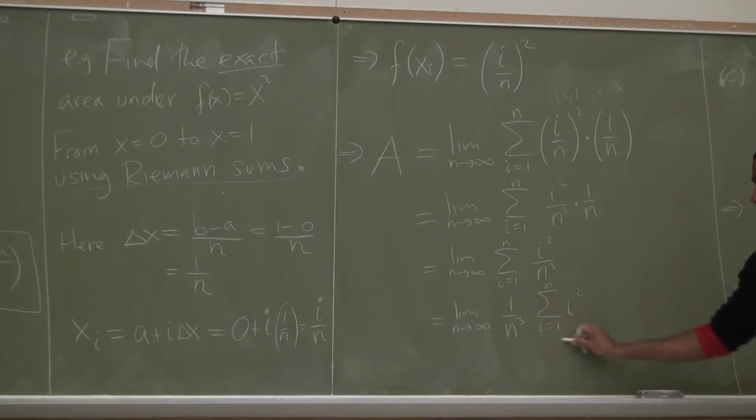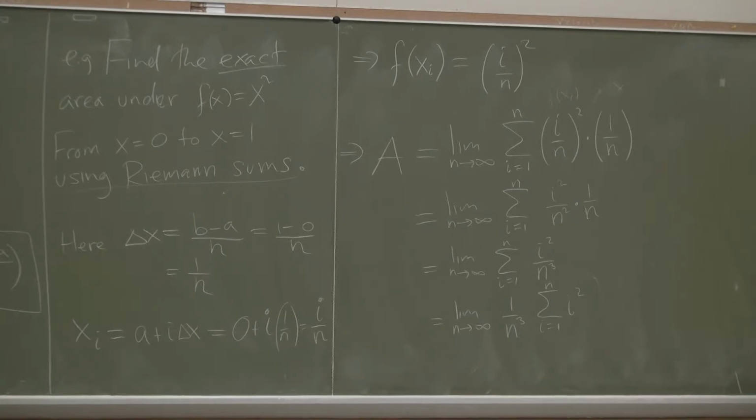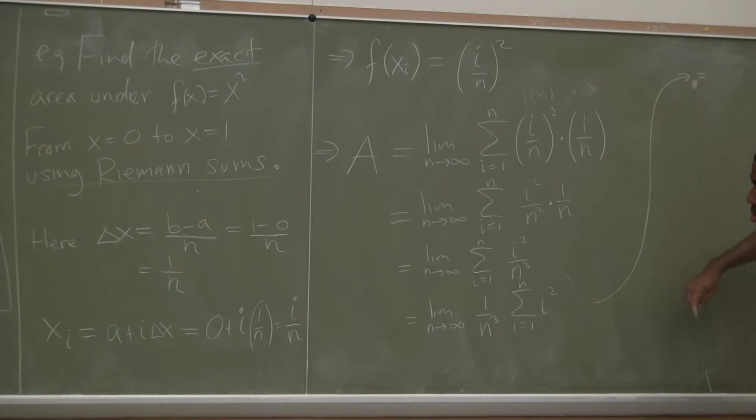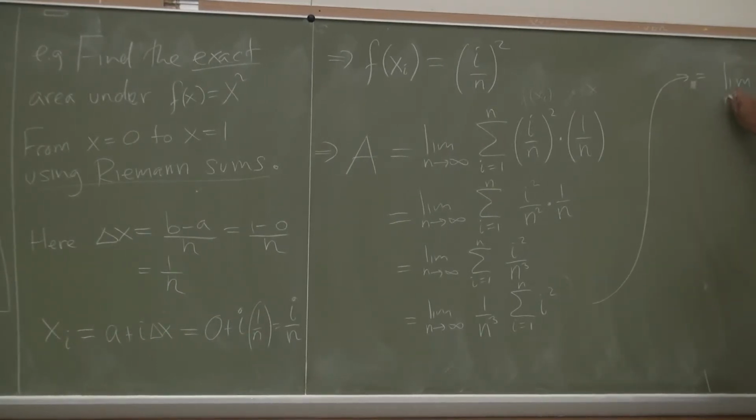And what is this guy? The formula which we learned. We learned the formula for that sum: n times n plus 1 times 2n plus 1 over 6. So this is actually equal to the limit as n approaches infinity of 1 over n cubed times n plus 1, 2n plus 1, all over 6.